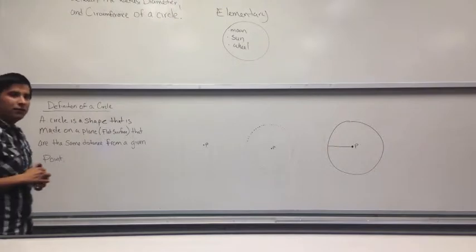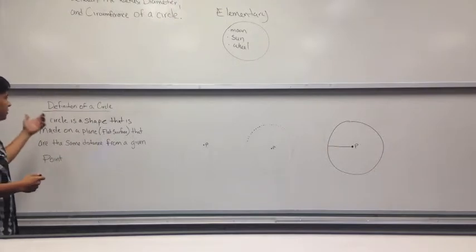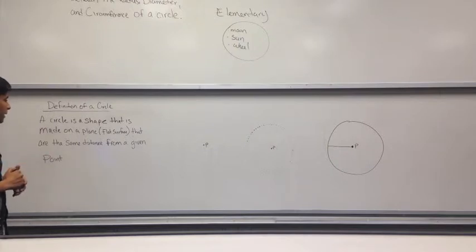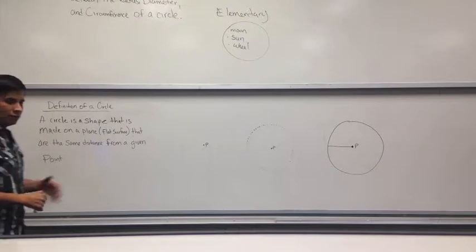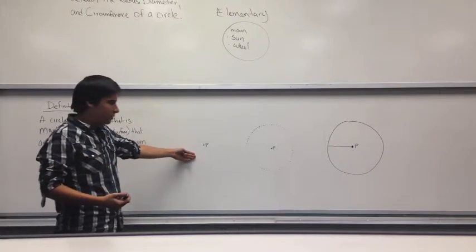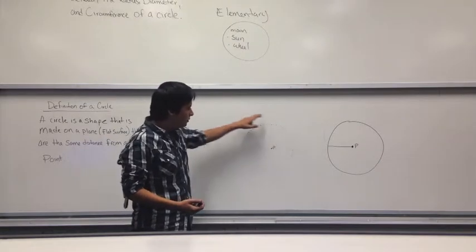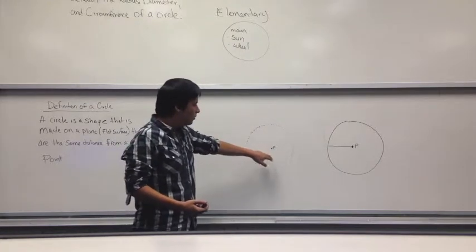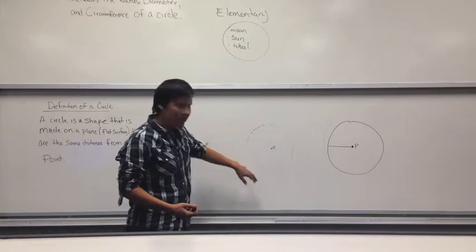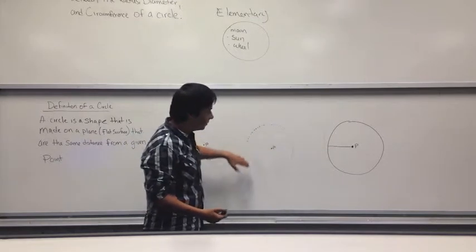First of all, let me give you the definition of a circle. A circle is a shape made of points on a plane that are the same distance from a given point. Let's say we have a point P. If I start drawing points around P, we start looking like a circle, and all the points are the same distance.